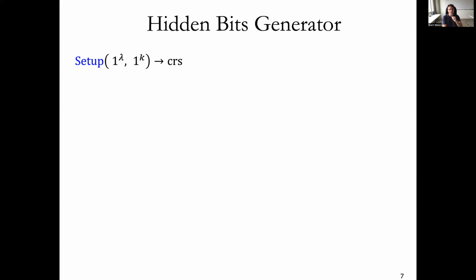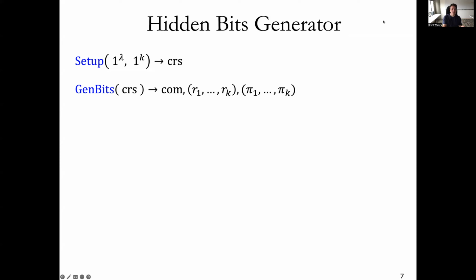So first of all, I want to be a little more formal about hidden bits generators. Here there'll be a setup algorithm, which takes as input a security parameter lambda, along with an output length k, and outputs a common reference string. Second, there's going to be an algorithm for generating these bits.